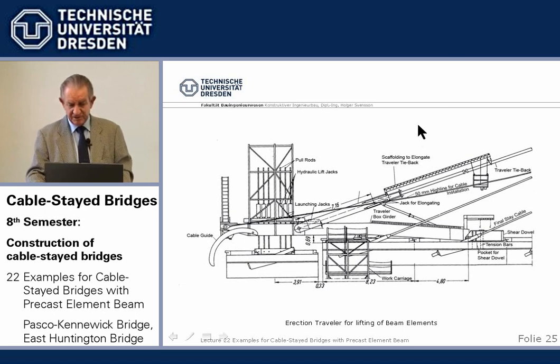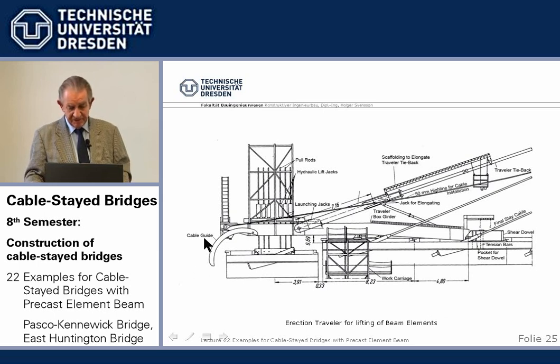And basically, our traveler is a box girder, which is anchored to the beam here because of the horizontal component of the big compression in here. These are the hydraulic jacks. That's a new element being pulled up. And this is an auxiliary tieback to take off the load of the traveler from the permanent beam.